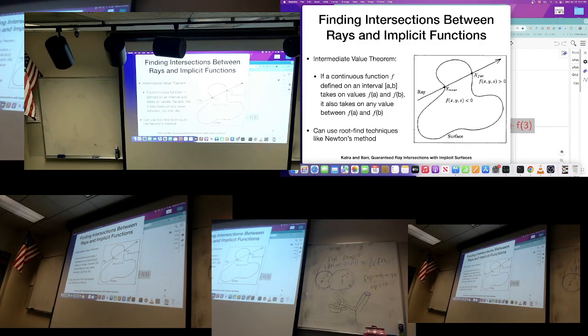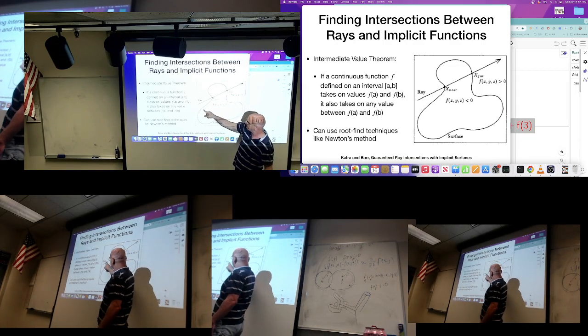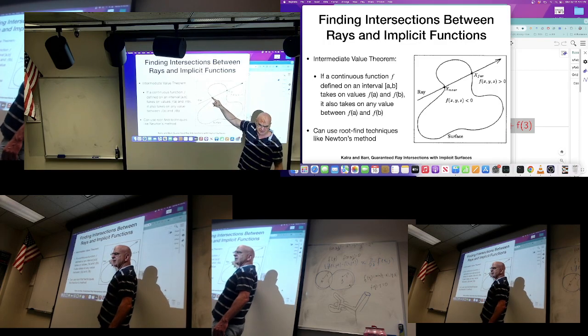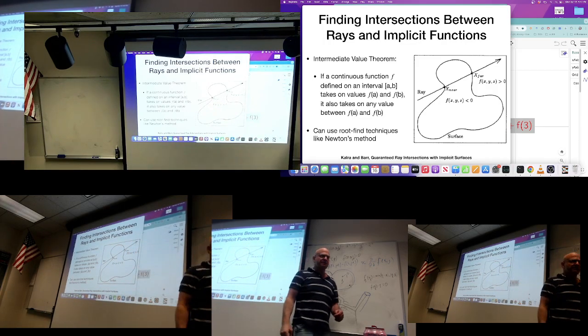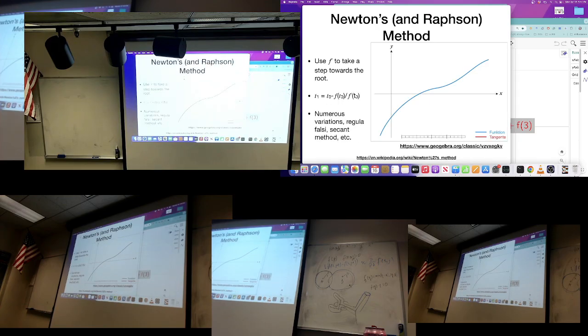So since f could be as simple as the distance to the function, this would be the distance to the boundary, then I'm looking at the distance along this way, and I'm asking at which point this distance will be 0. But the distance doesn't behave nicely. It doesn't necessarily go down linearly inside the shape.